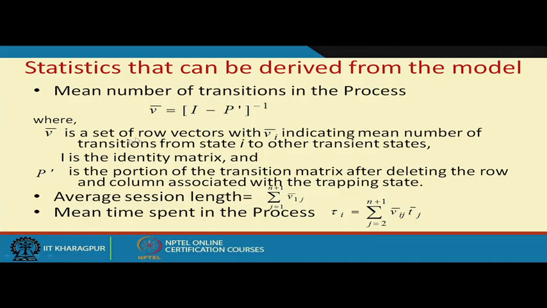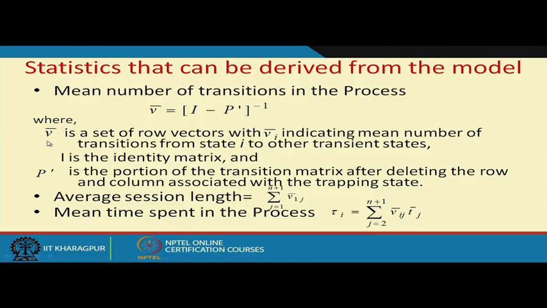This capital I is the identity matrix and p dash is the portion of the transition probability matrix after deleting the row and column associated with the trapping state. The trapping state is the one from which, once the user enters, he can never come out. So, here in this case the trapping state is actually your exit state.